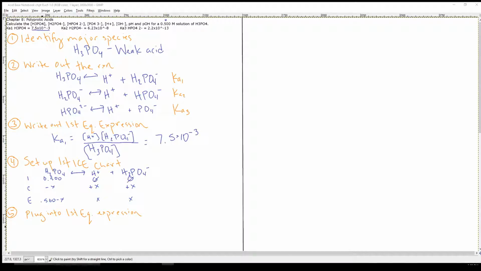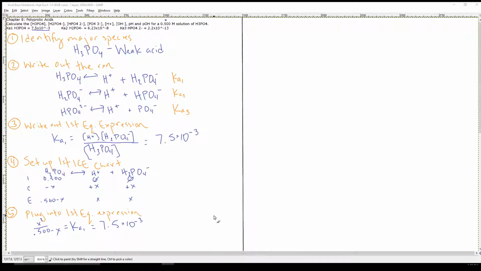So I know it'll be x squared, because I have x times x, over 0.500, that's a decimal, minus x, is equal to Ka1, which I know is given as 7.5 times 10 to the negative 3.